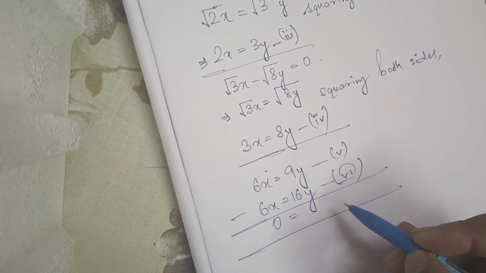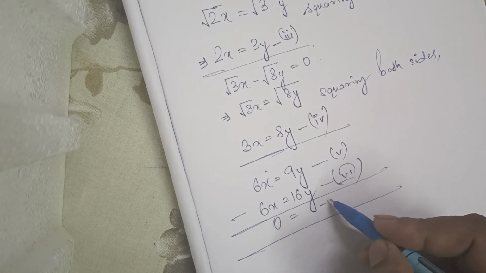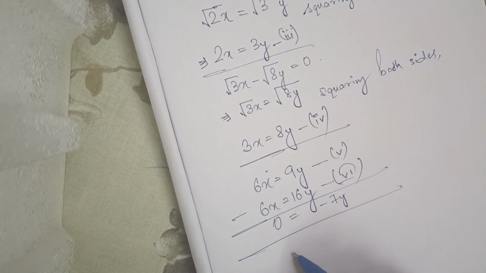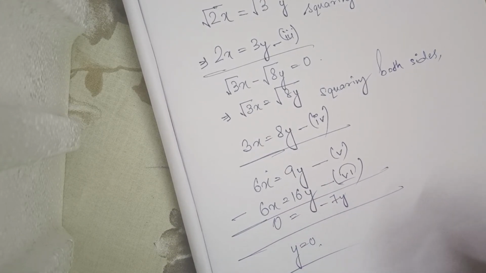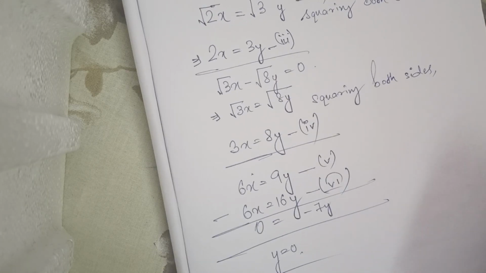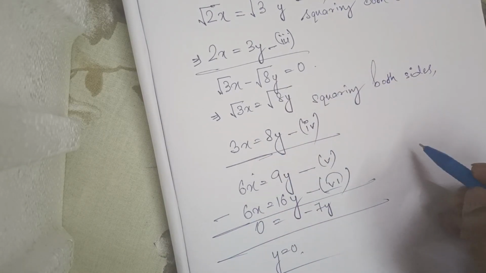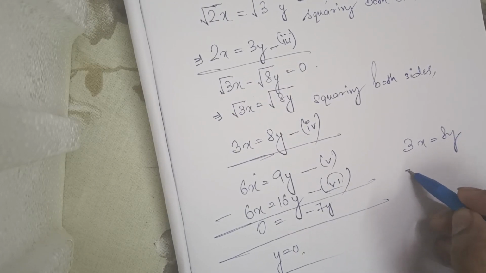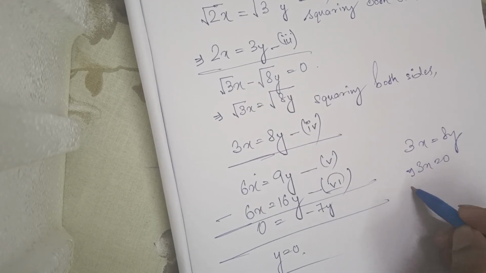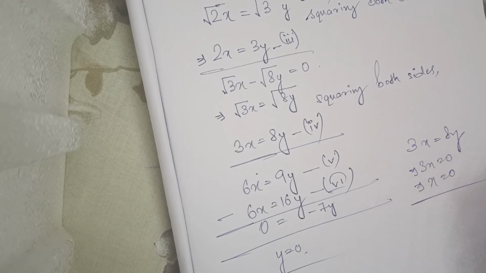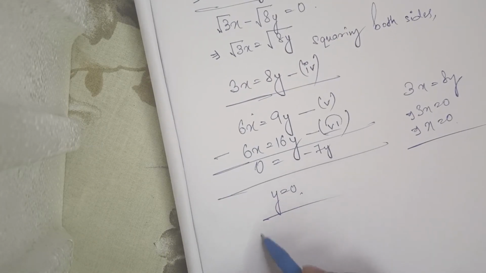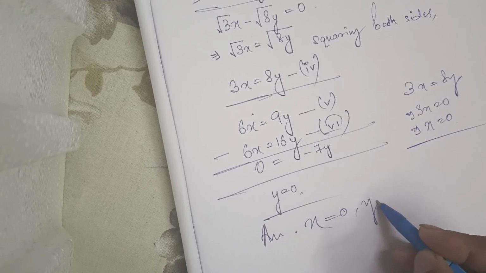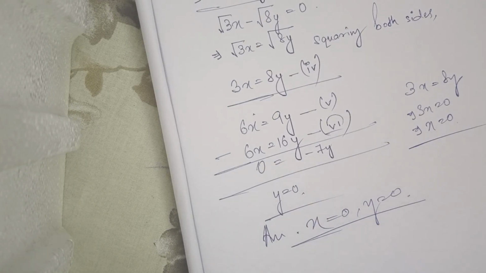Okay, so minus 7y. Actually the value of y is 0, and if y is 0 then x is also 0. 3x equals 8y, so 3x equals 0. So basically x equals 0. So the value of x is 0 and y is also 0.